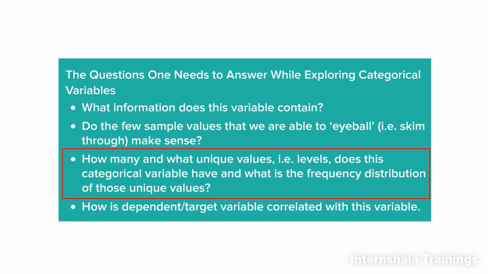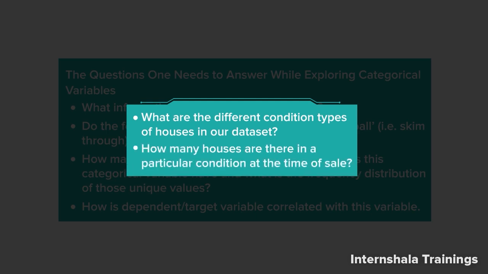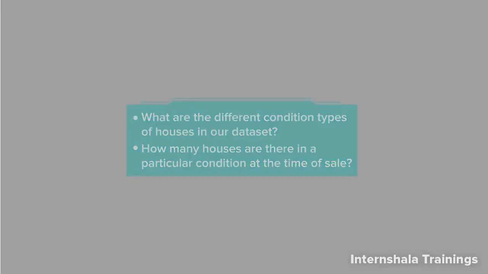Let's move to the next point and find out the unique values for this variable along with their frequency of occurrences. This essentially means what are the different condition types of houses in our dataset and how many houses are there in a particular condition at the time of sale.